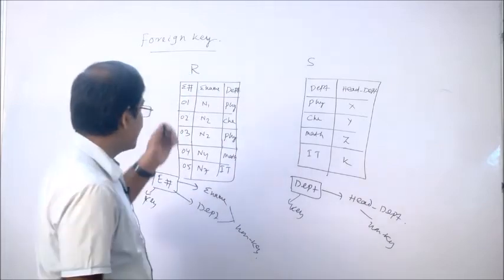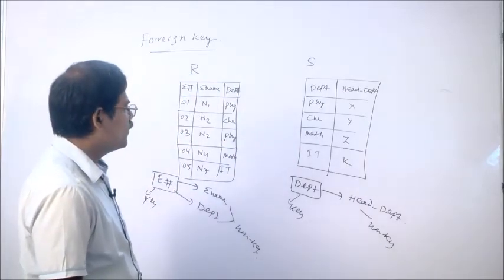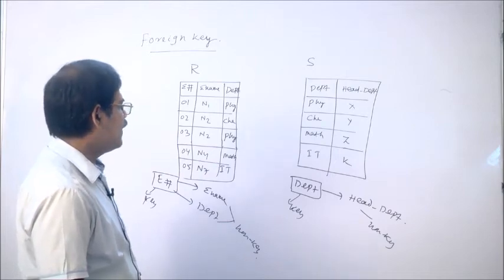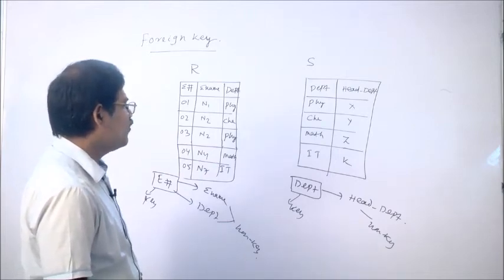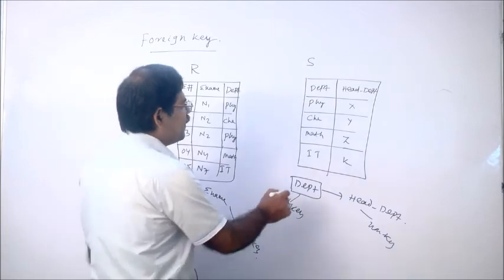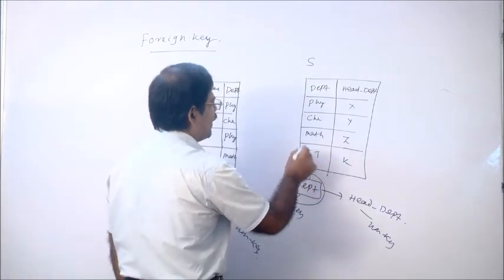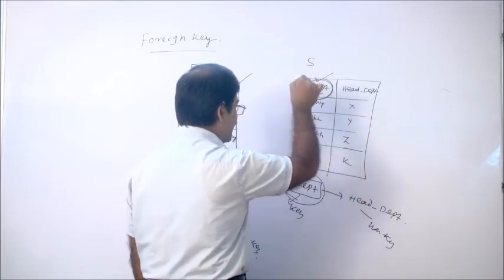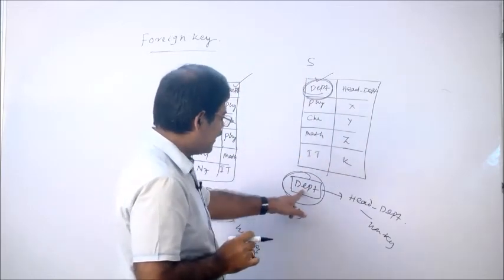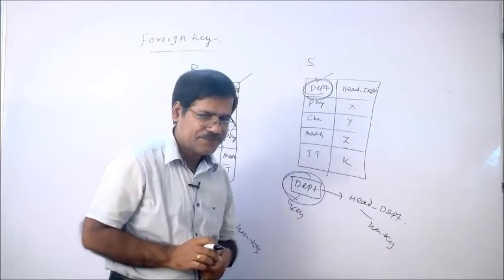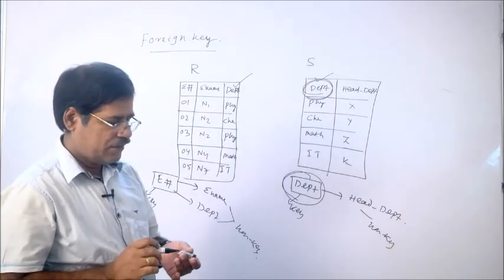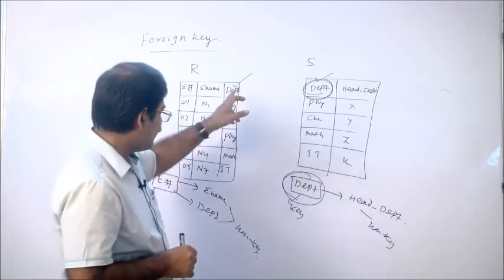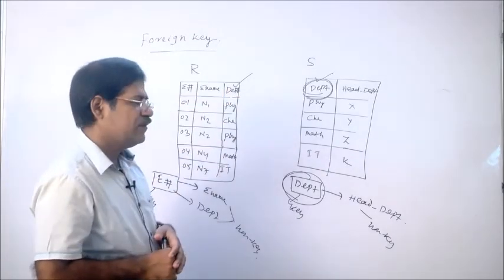So, what is a foreign key? As I told, it is the attribute which is a key for one relation and that field is a non key for another relation. Here, department is an attribute which is a key field in one relation. In the S table, department is a key field, and that department field is also present in the R table.